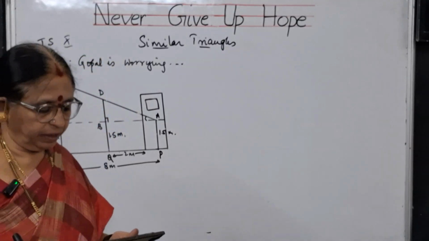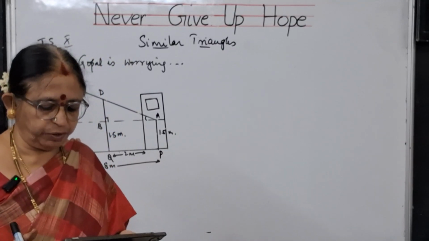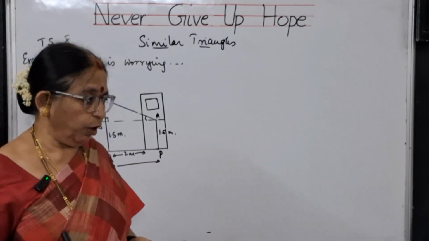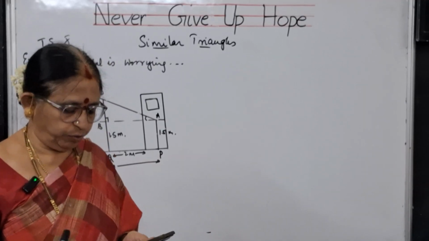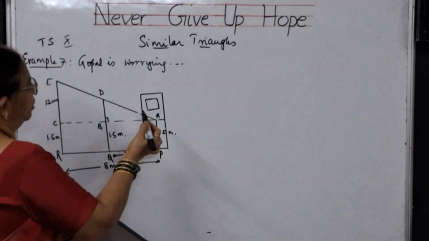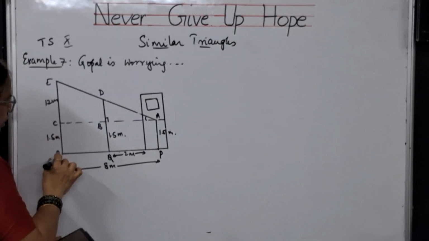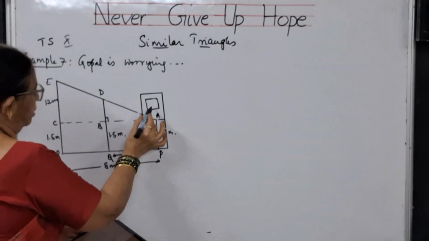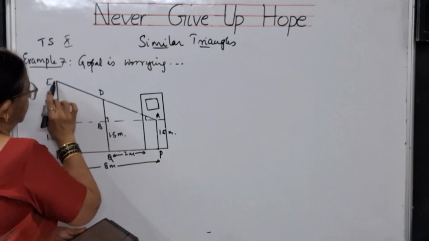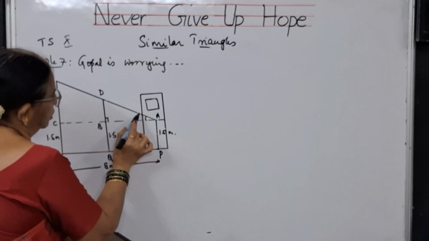Gopal is worrying that his neighbor can peep into his living room from the top floor of his house. So this is the living room of Gopal. This is the top floor of neighbor. So his worry is when a person stands here, they can see his living room.